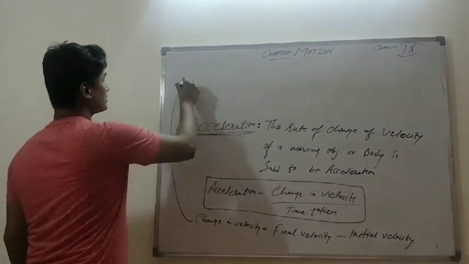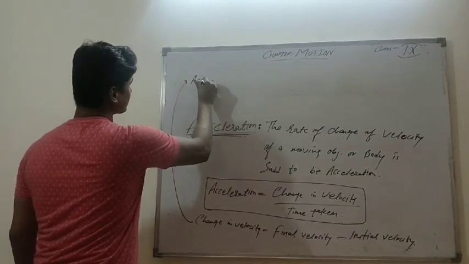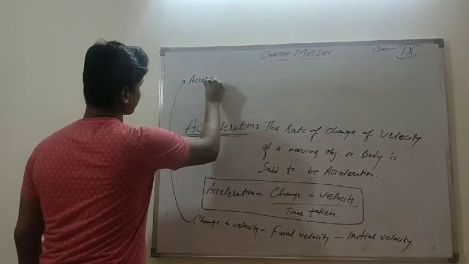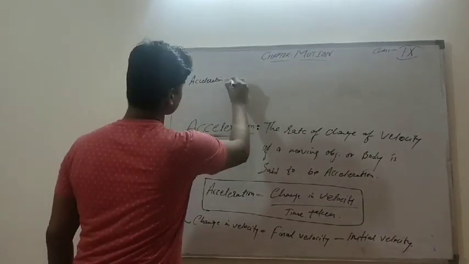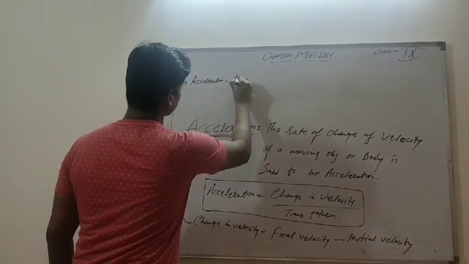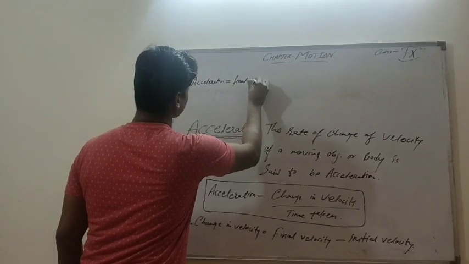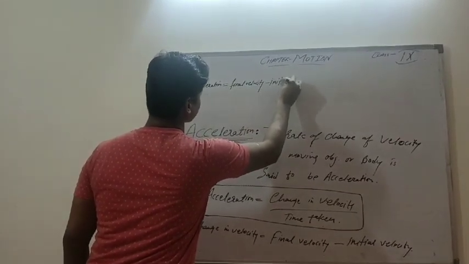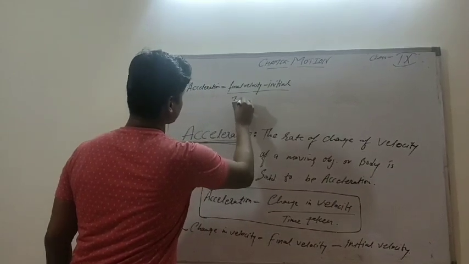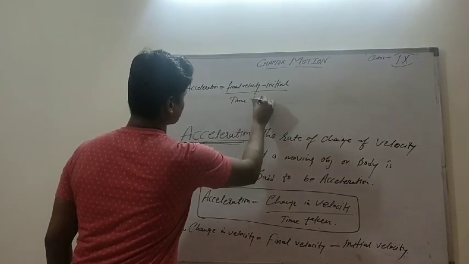So the acceleration can be explained as final velocity minus initial velocity upon time taken.